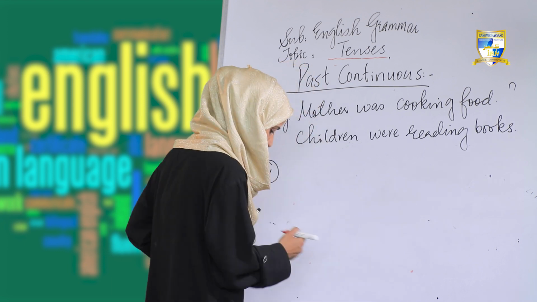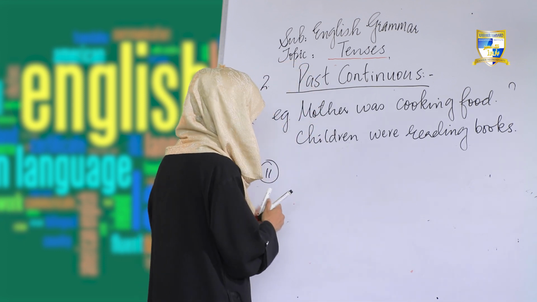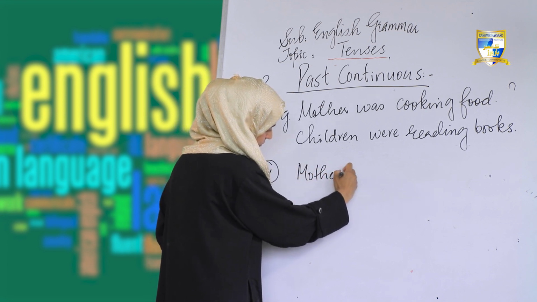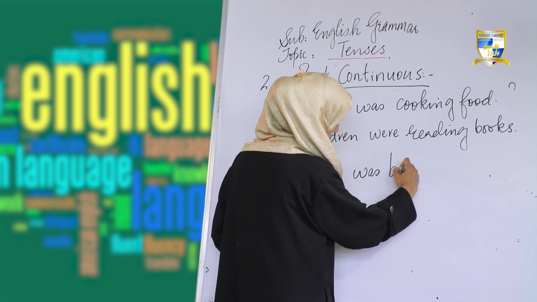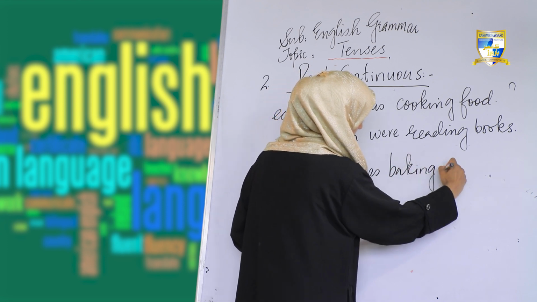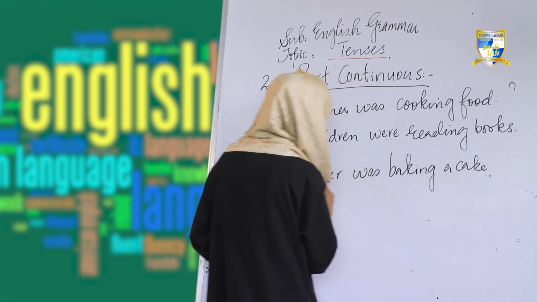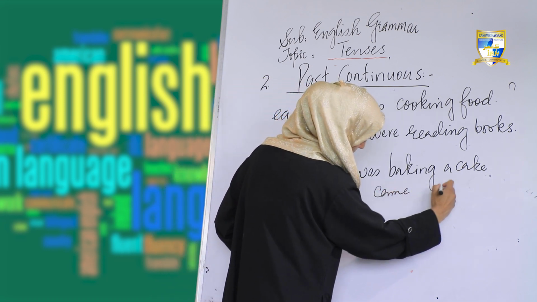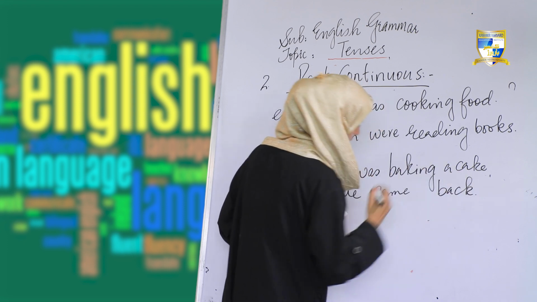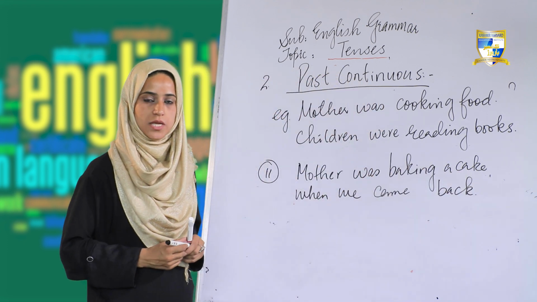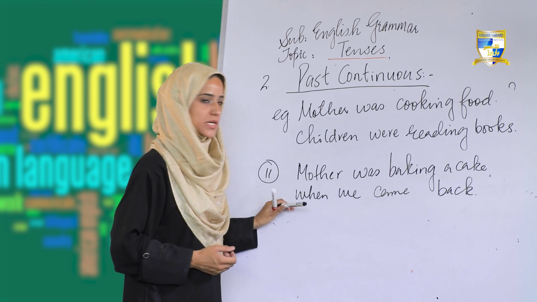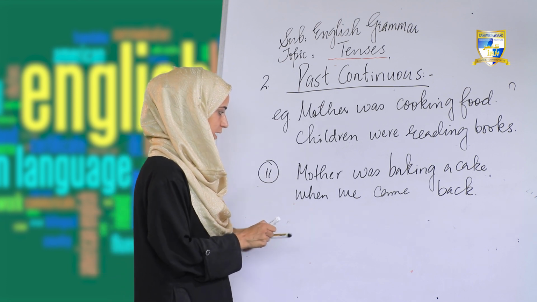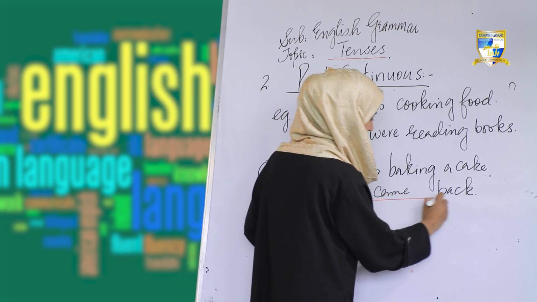For example, mother was baking a cake when we came back. So dear students, understand this point here. Here two actions are taking place. One action is that we came back. So this is one action.